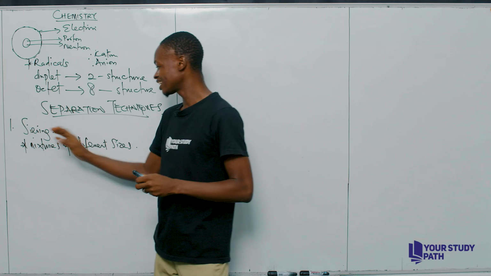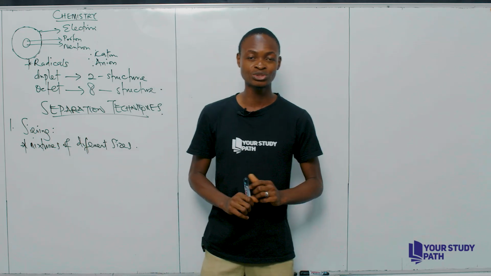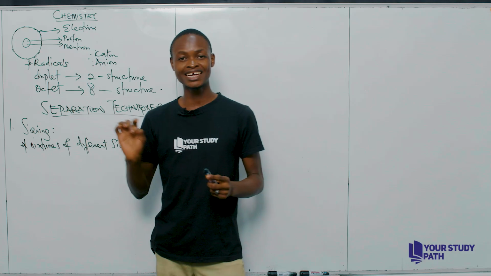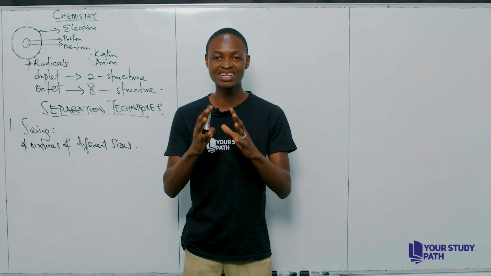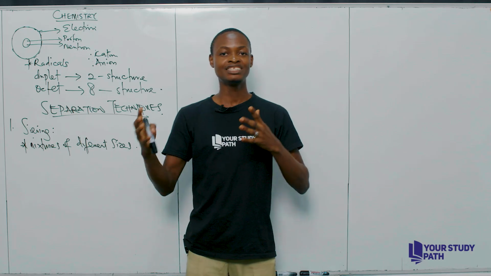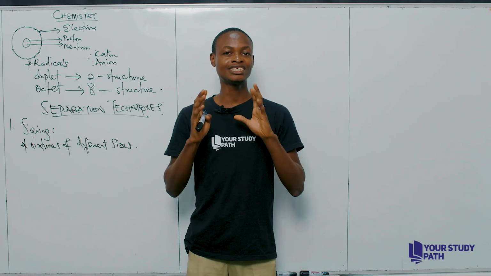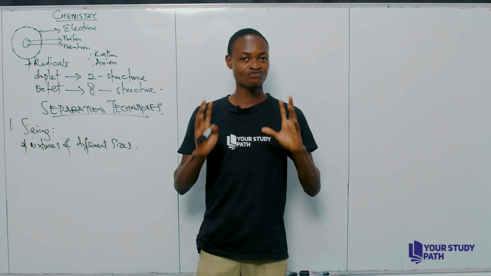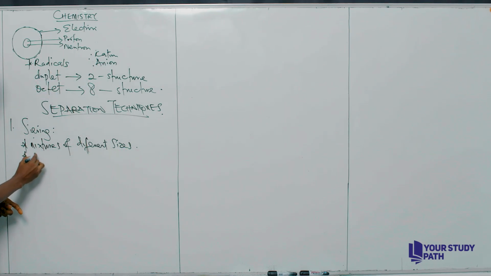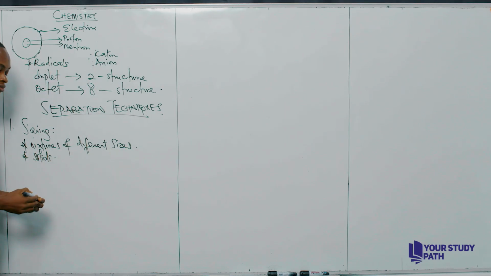So the sieving technique, first and foremost, is a technique used for solids. Two, it's a technique that centers heavily on mixtures that have different sizes. These are the two key takeaways for the sieving technique: different size and solids.